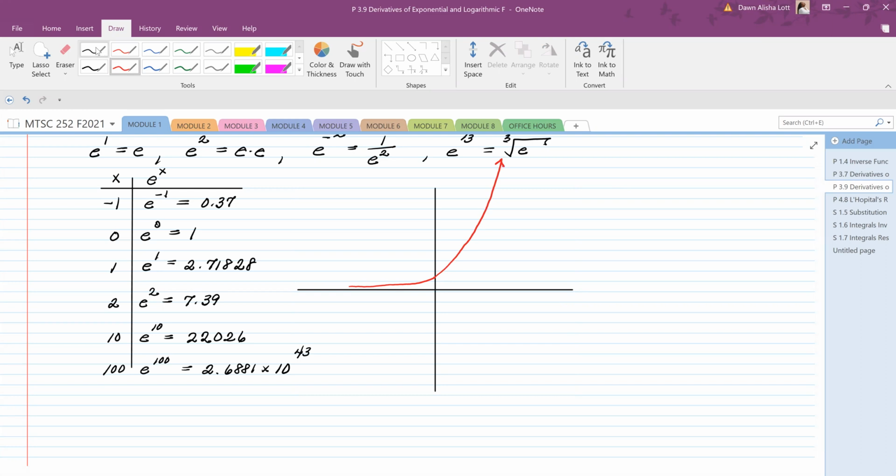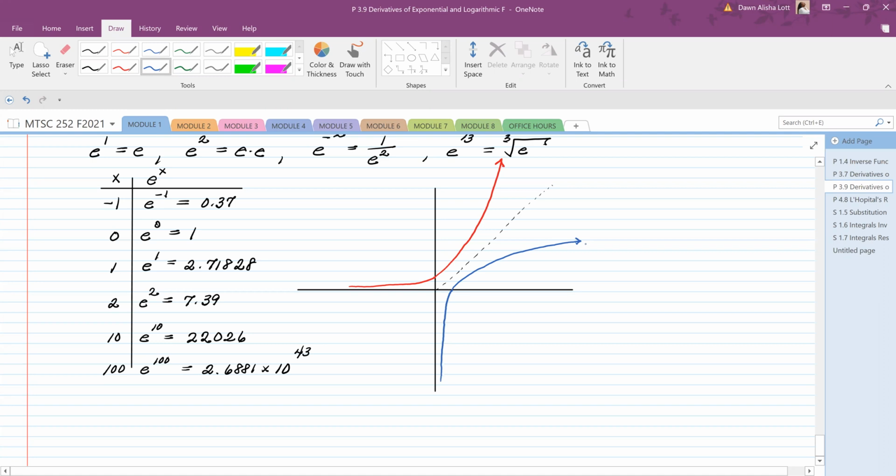Okay, well, here's the fun part. We already talked about the logarithm function. The logarithm function looked like this. It went through 1, and then it was kind of flat.